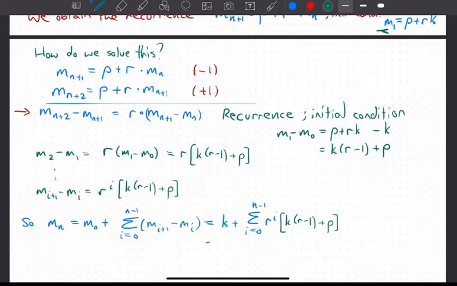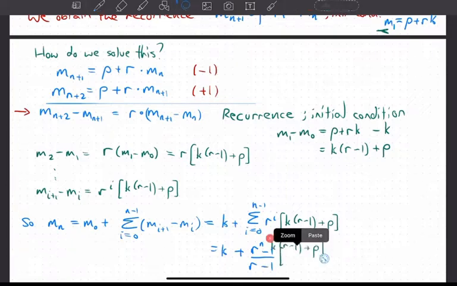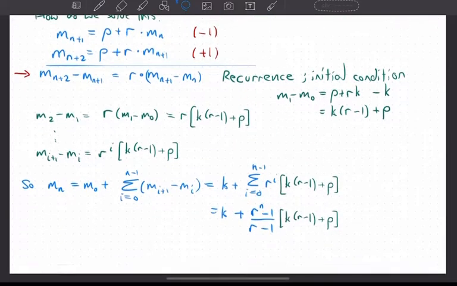And okay, we know how to do that geometric sum. That gives us k, the initial population, plus r to the n minus 1 over r minus 1, and then k(r minus 1) plus rho, like that.